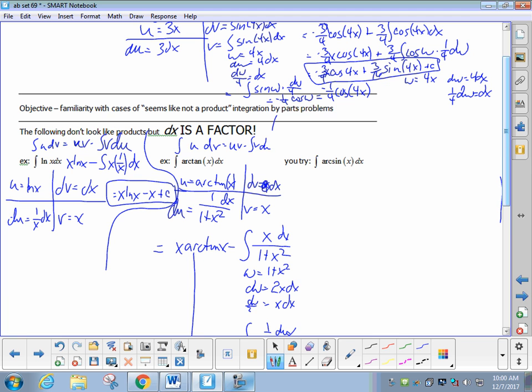Or do you want to try the arc sine one? Try it. It's not pretty inside. You need to try it.